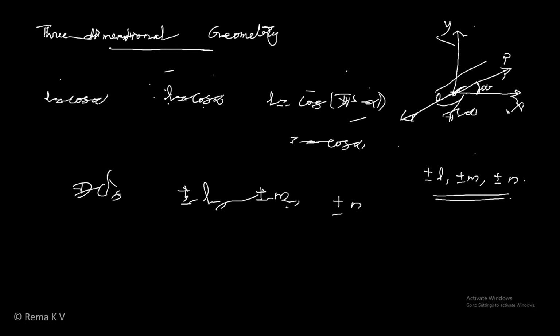At the same time, the remaining angle is pi minus alpha, that also it makes with the positive direction of x-axis. So two different angles will be there, that is cos alpha and cos pi minus alpha. Cos alpha is taken as L, whereas cos pi minus alpha is minus cos alpha, which is equal to minus L. So plus or minus L, plus or minus M, plus or minus N are the direction cosines of a line. Is it clear?